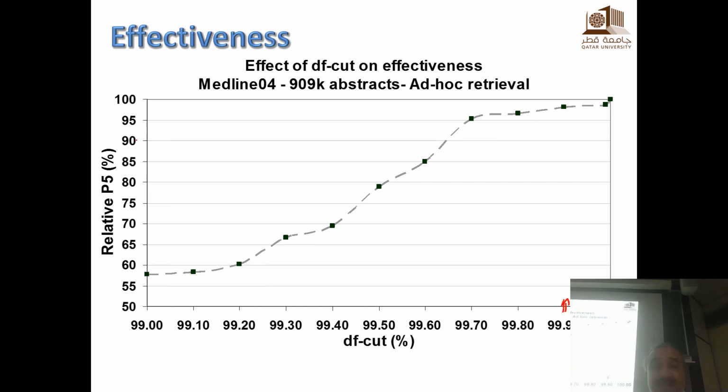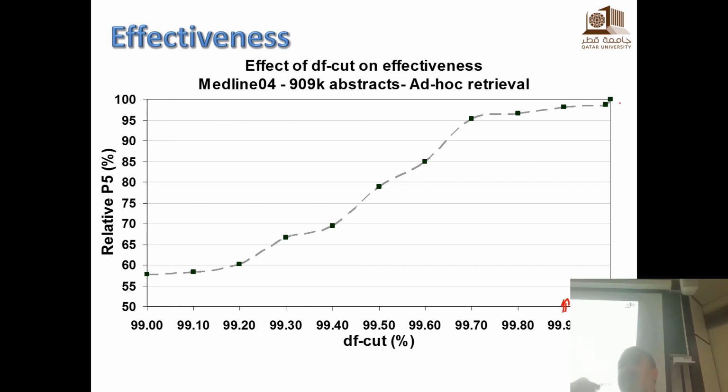What is on the y-axis? This is the performance measure. Forget about the meaning of that, but of course, as it goes up, it's better. Now, 100% DF cut. What does that mean? Full. No approximations at all, and this is a relative performance, by the way. So the performance for this will be 1.